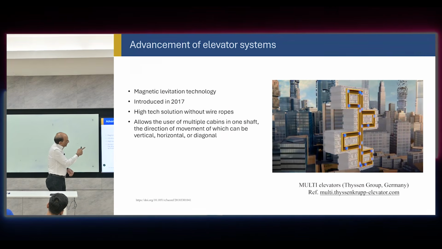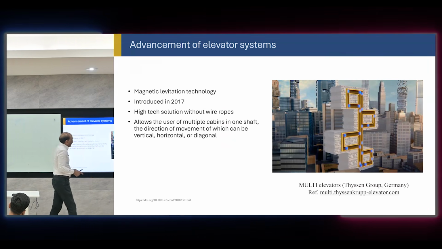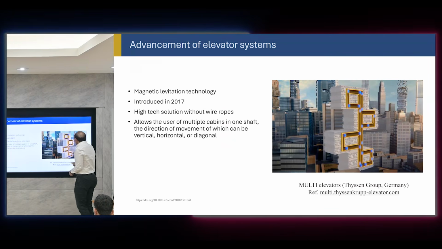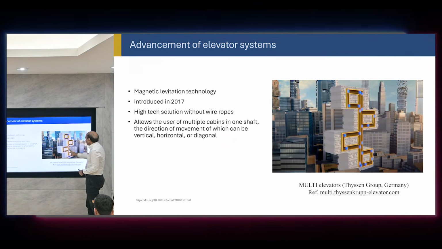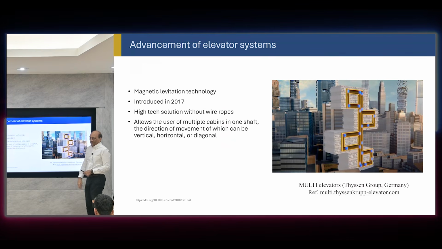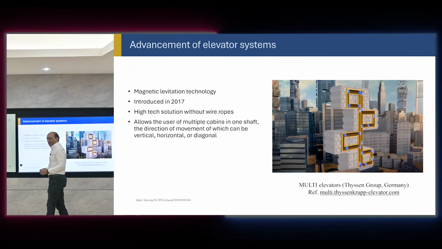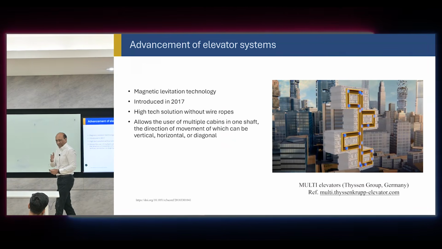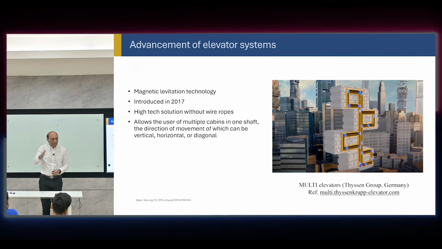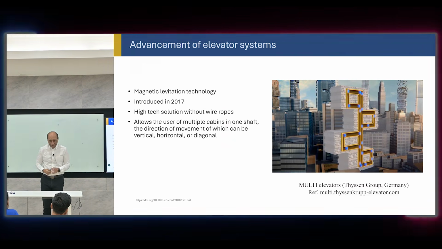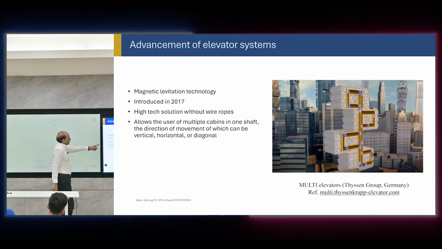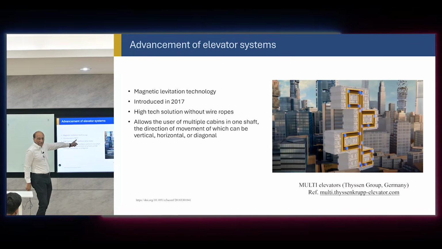Okay, this is the real building where this is being tried now. So this is the multi-elevator from the Thyssen group. They present, so you can see here that elevators can go everywhere. And this would be quite interesting, that the elevator just moves around the building, breaking the continuity that we traditionally rely on. And this was introduced in 2017, already 8 years ago.